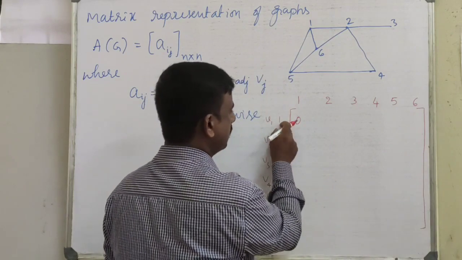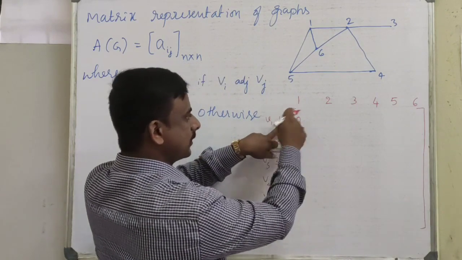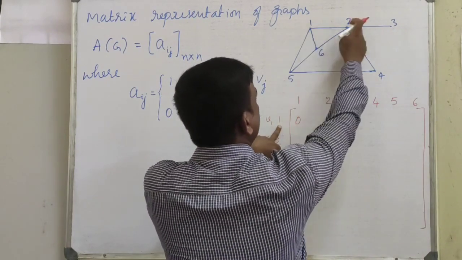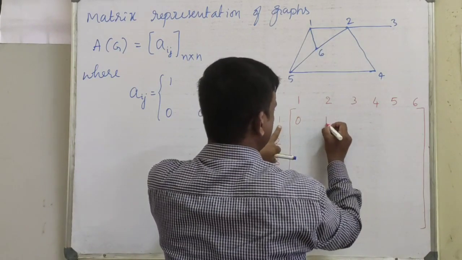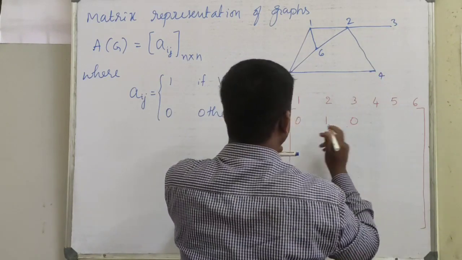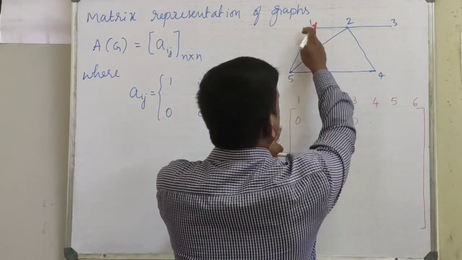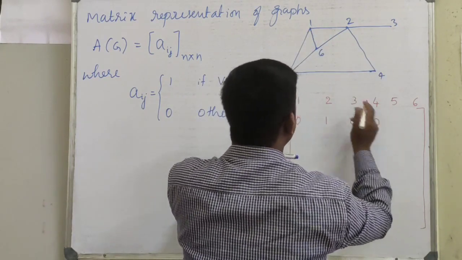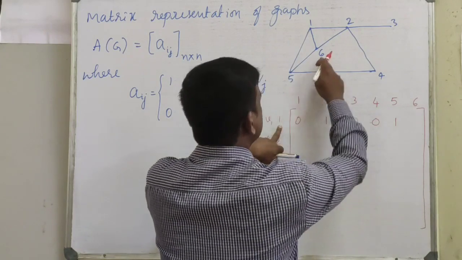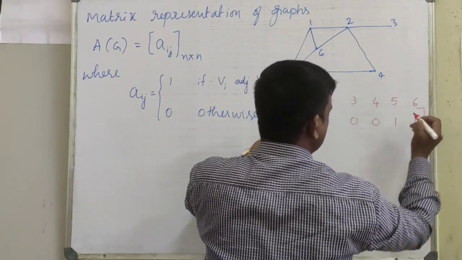Now next 1, ಎಲಿಮೆಂಟ್ fix ಮಾಡಿಟ್ಕೊತಿದ್ದೀನಿ. Now look into this. 1 and 2, they are adjacent. I have to write 1. Next 1 and 3, they are not adjacent, 0. 1 and 4, not adjacent, 0. 1 and 5, they are adjacent, 1. 1 and 6, they are adjacent, 1.